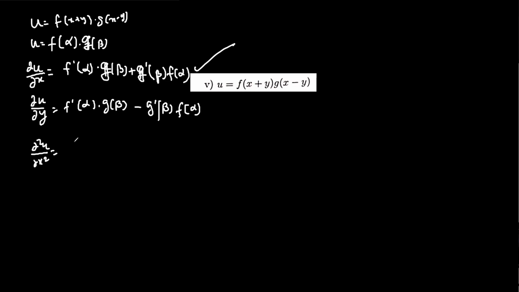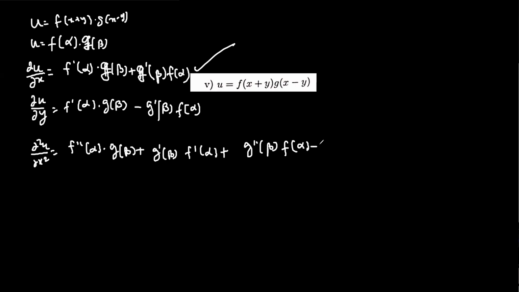When you differentiate again, you will get f double dash alpha, g of beta, g dash beta, f dash alpha, plus g double dash beta, f of alpha plus f dash alpha, g dash beta.